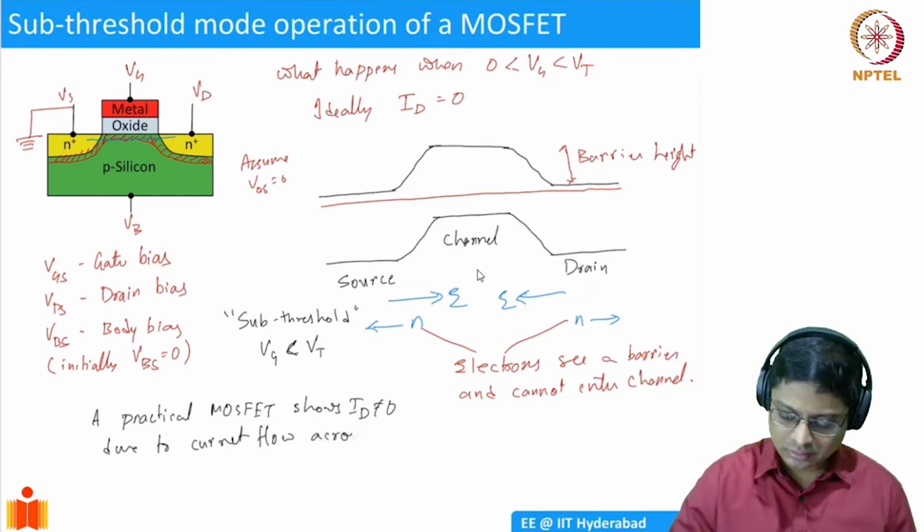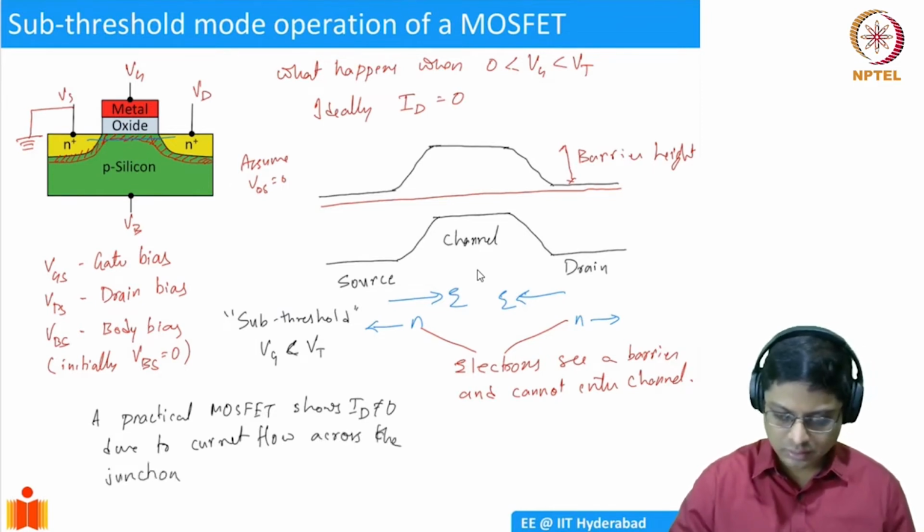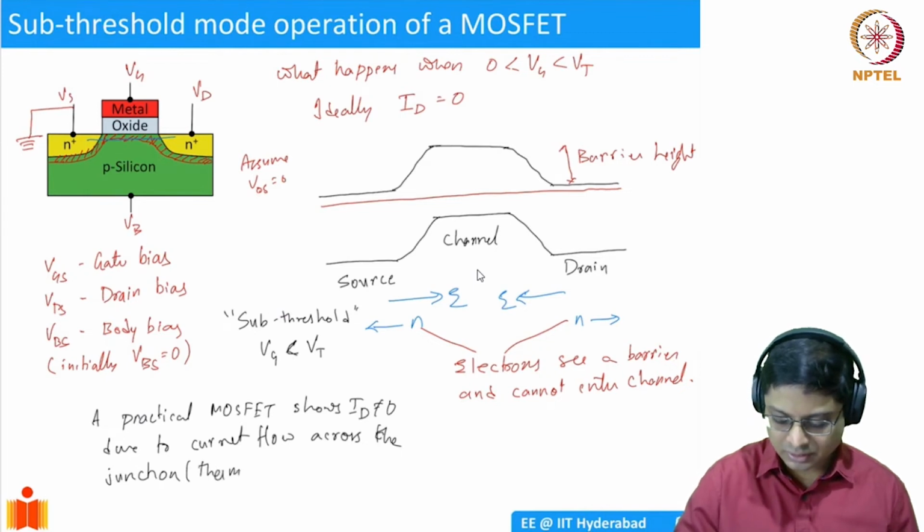Across the junction. It's also sometimes called thermionic.